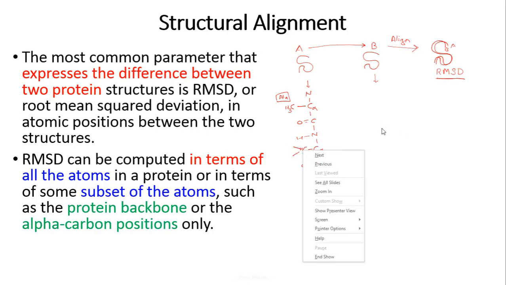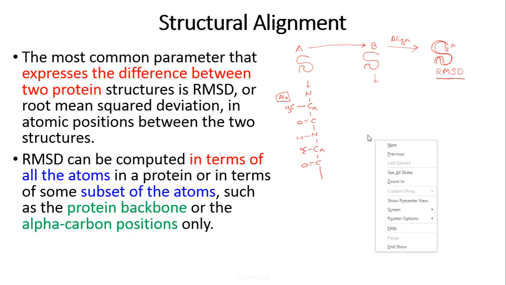So say you have a protein A, and at its N terminus we have alanine followed by aspartate.